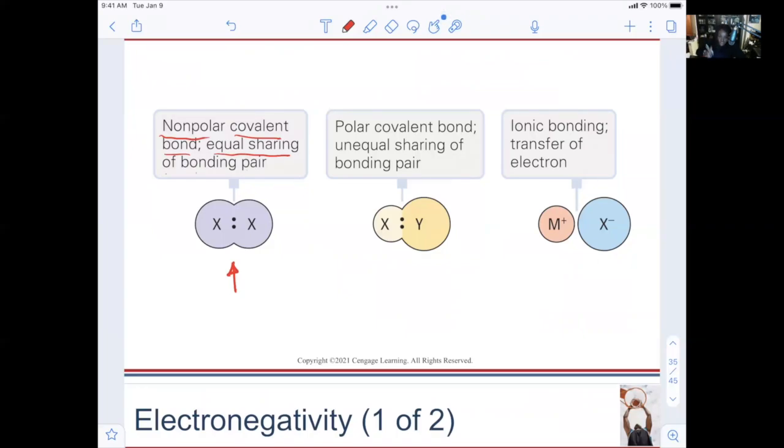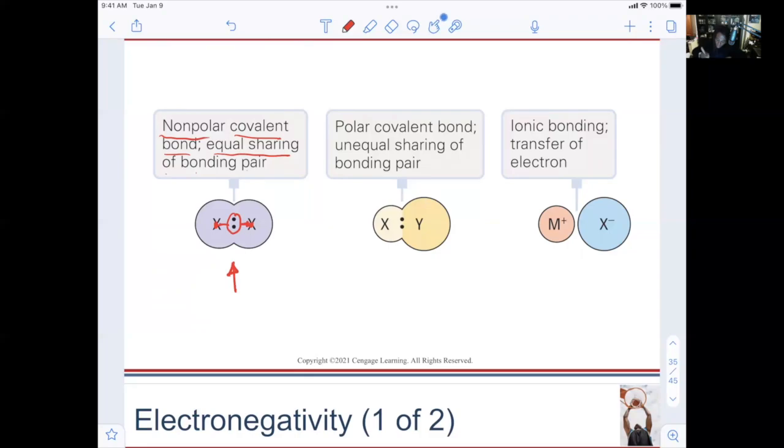To illustrate that, they picked a generic element called X. We don't really have one called X. We have Xe, but not X. Some generic element combines with itself, and we can see the shared electrons are about equidistant from the nucleus of this atom and this one, okay? So these electrons are equally shared.